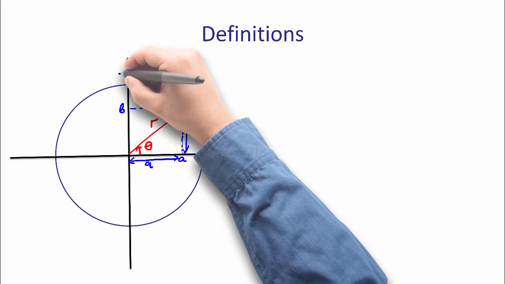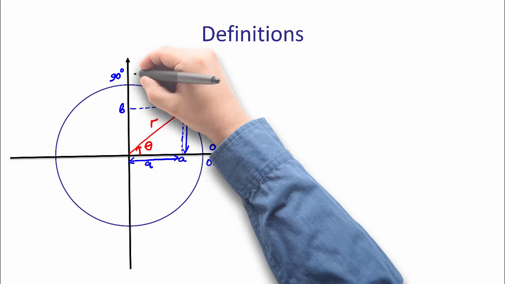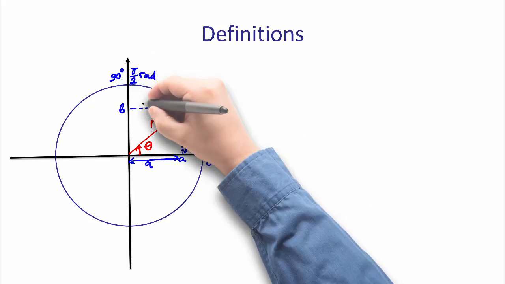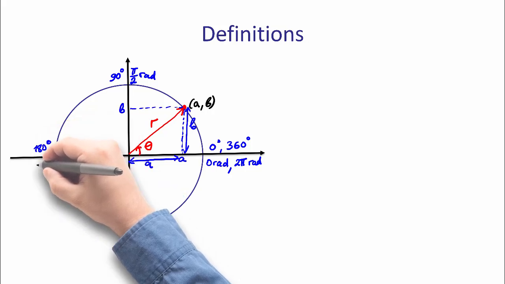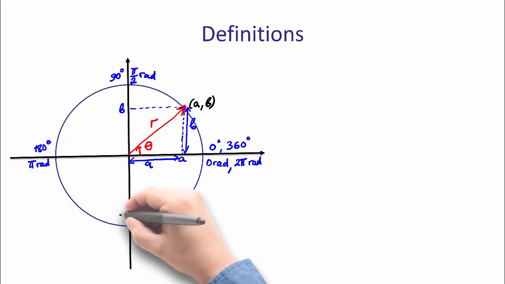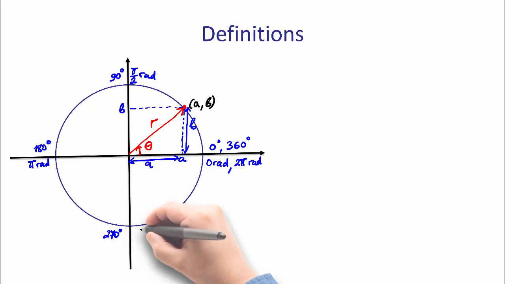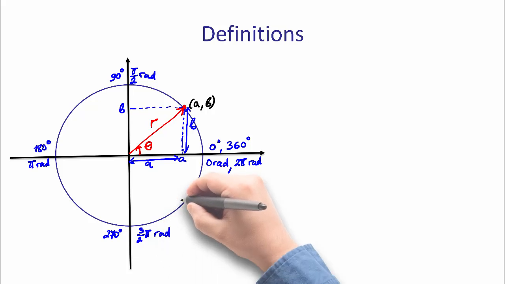For example, this angle will be 90 degrees, and it will be pi half radians. This angle will be 180 degrees, and pi radians. And similarly, here you have 270 and 3/2 pi radian. And that way you can find any angle you want.